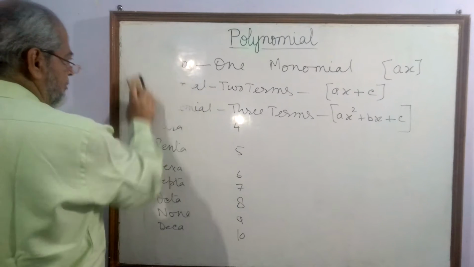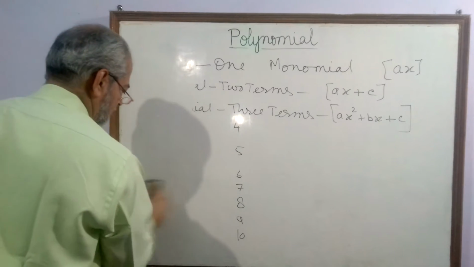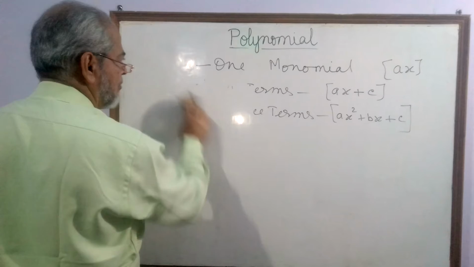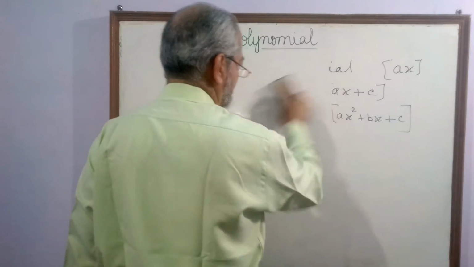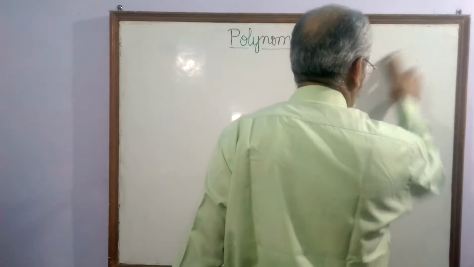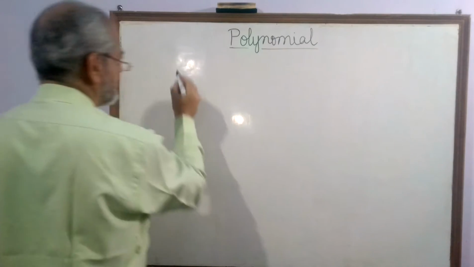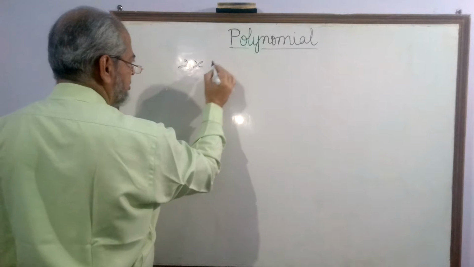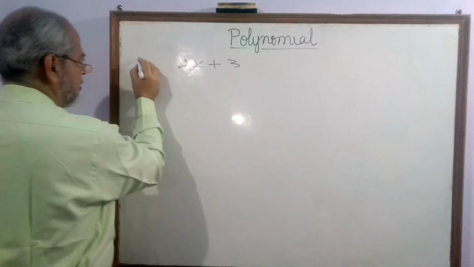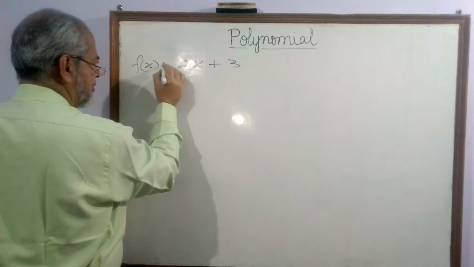Now we take some live examples of polynomials and how they are handled. For example, 2x plus 3, this is f(x).